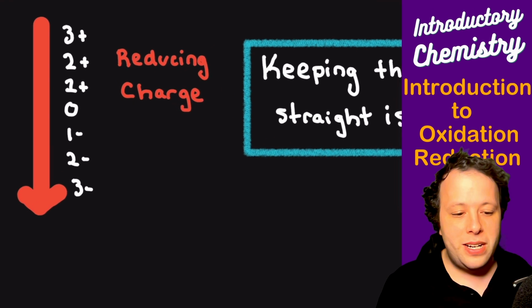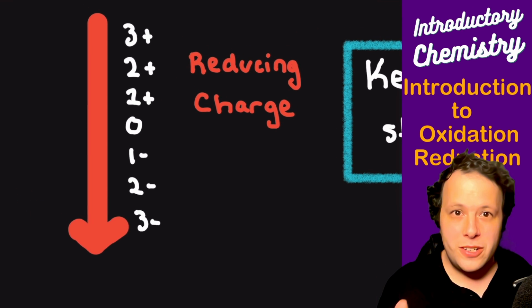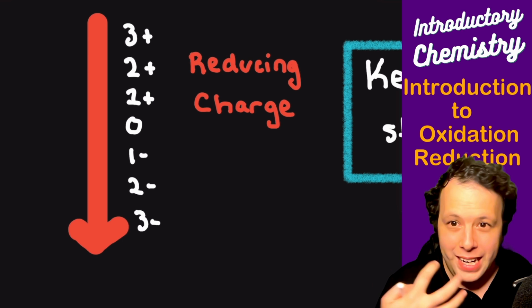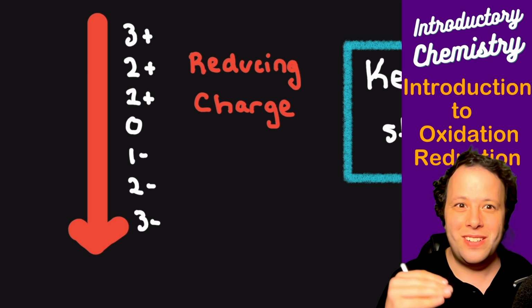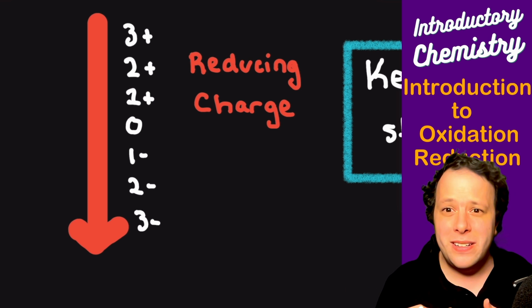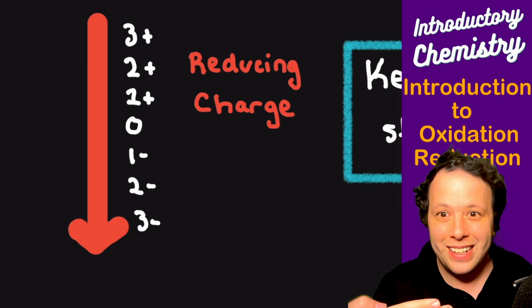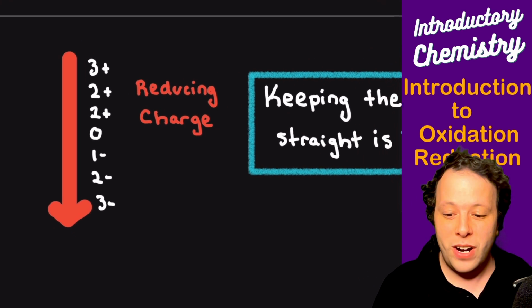It's all about how we are reducing the charge. Whenever you are gaining an electron, remember that the number is going down, down, down. It becomes more negative, because the more electrons you add, the more negative it becomes.